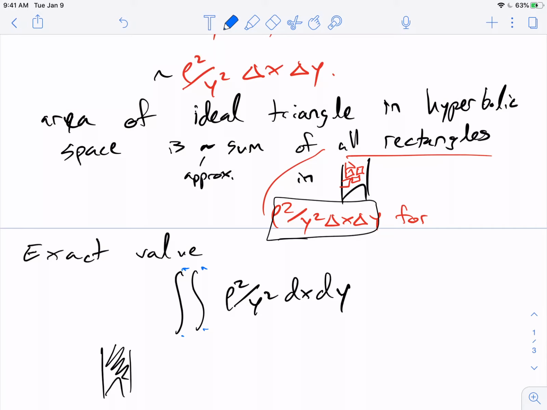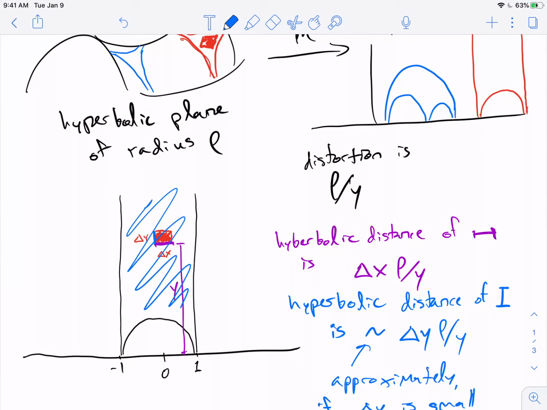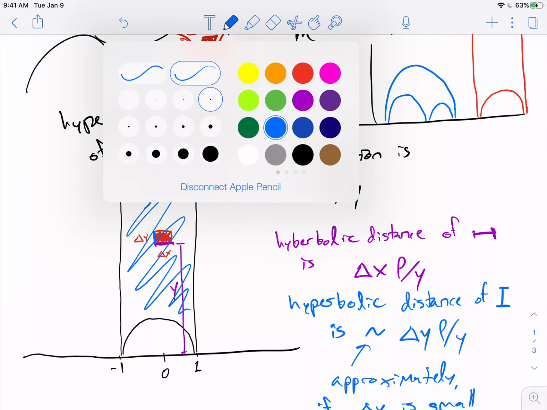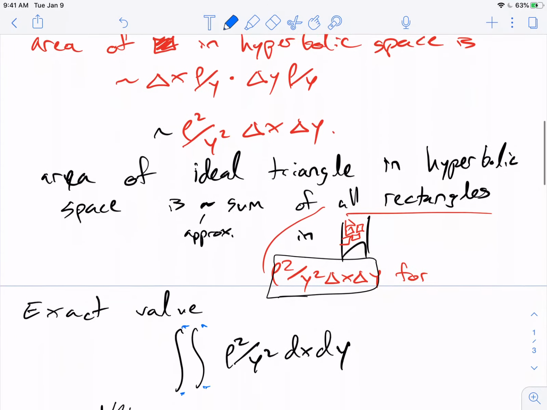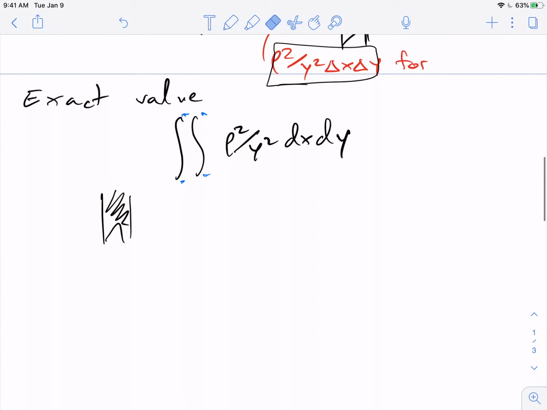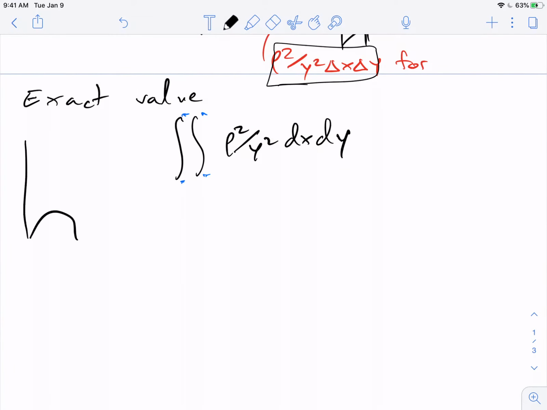And these bounds are just determined, you know, I need to choose bounds that cover the region here of the ideal triangle. So let's draw the picture again carefully down here. It looks like this.